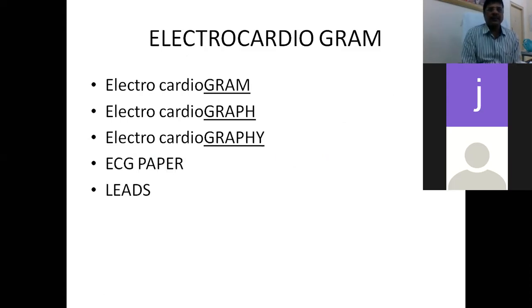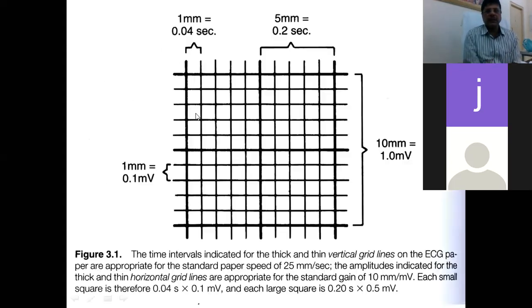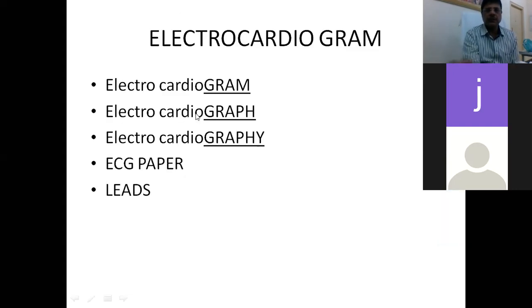The second one in the slide, the electrocardiograph, is the instrument which is used to record the electrocardiogram, and the process or procedure of recording the electrocardiogram is called electrocardiography.